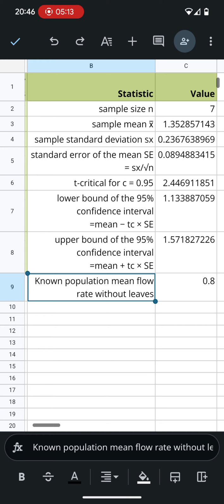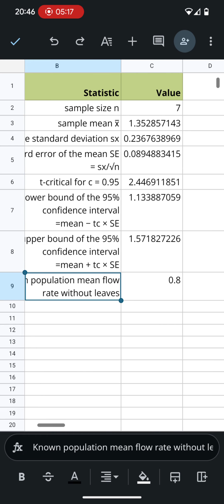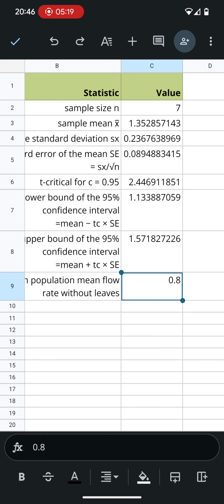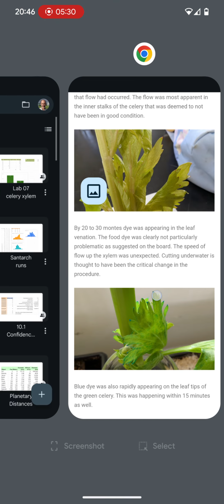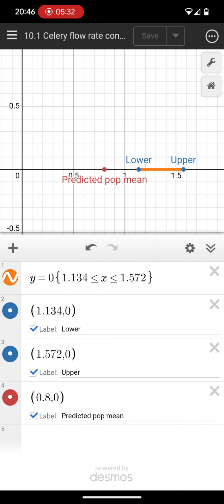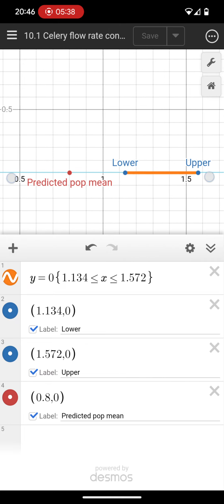Last year, the known population mean flow rate for the celery with no leaves was 0.8. 0.8 is not between 1.13 and 1.57. We can look at that if we jump over here to a number line. The number line here, and I'll enlarge this some, bring it out.